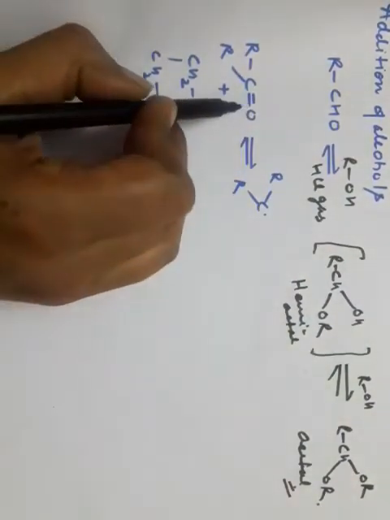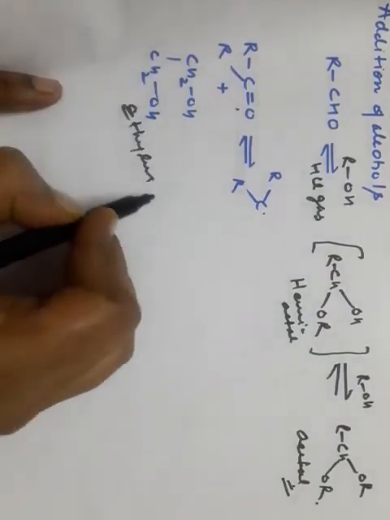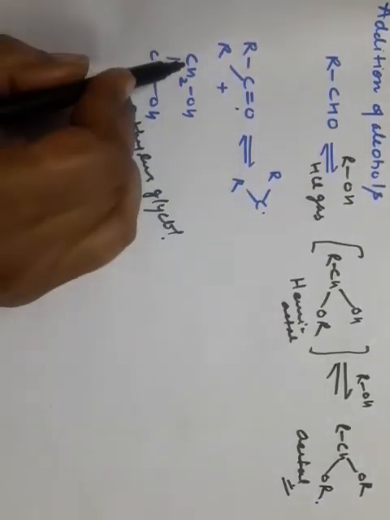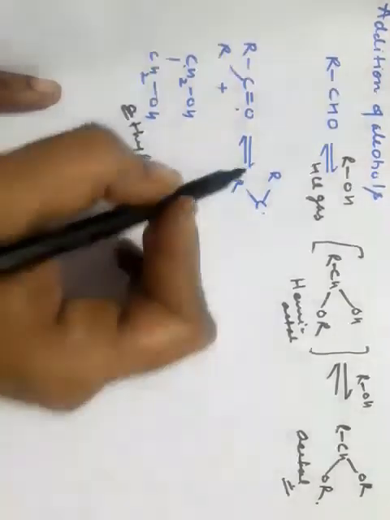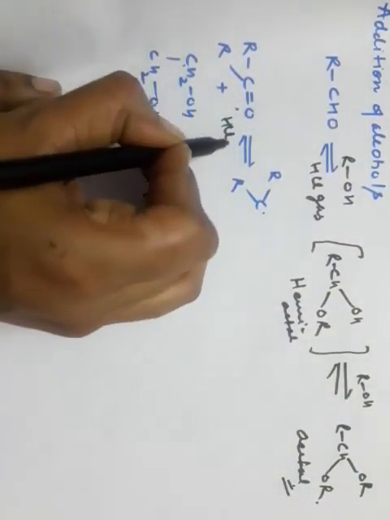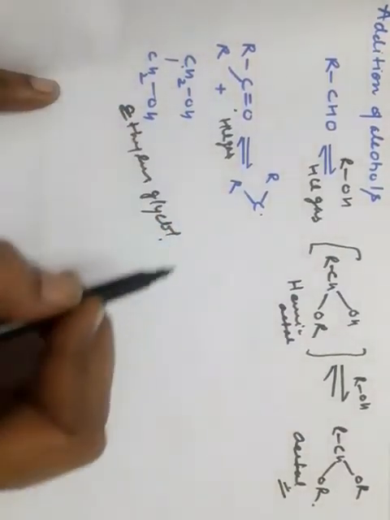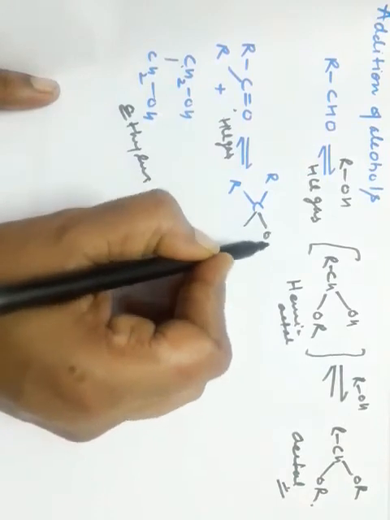Now, when ketones react with ethylene glycol, whose structure is CH2OH-CH2OH, in this reaction again we need HCl gas, and when they react with one another, this gives a closed compound like this.